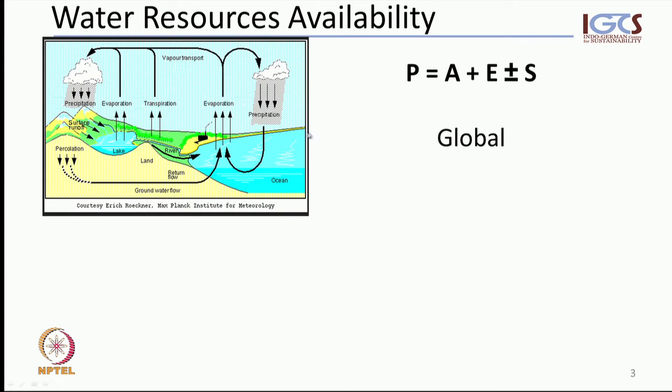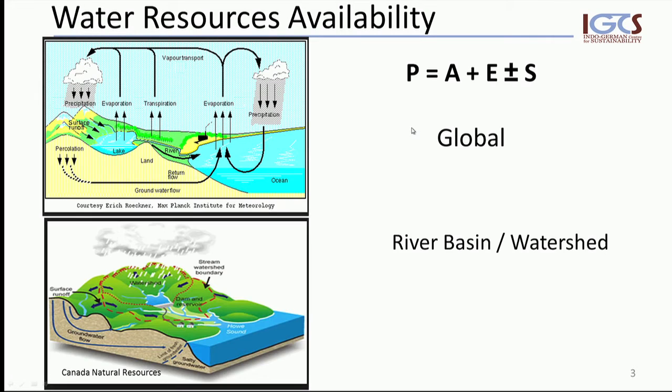Let's look back at our water cycle. When we look at the global water cycle, we can apply this very simplified equation and estimate water resources at a global scale. When we come to river basins, and especially to watersheds and sub-catchments, then it becomes more differentiated.